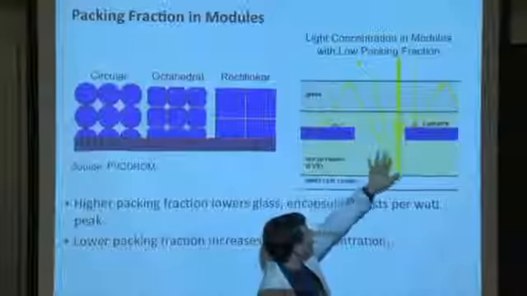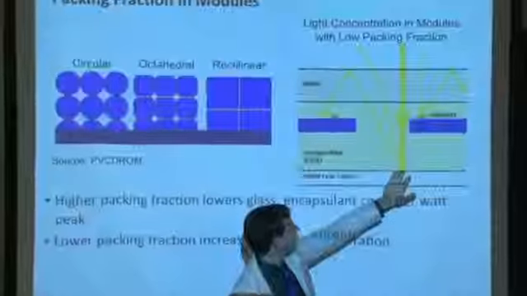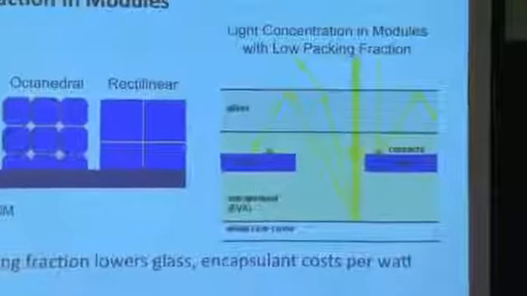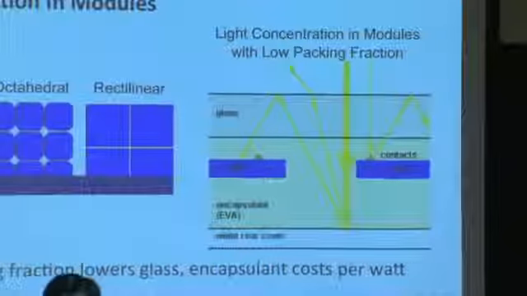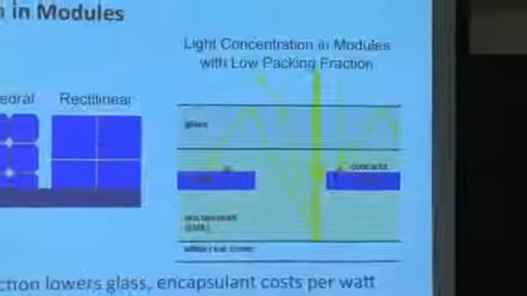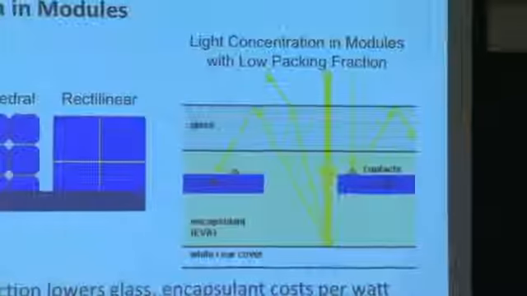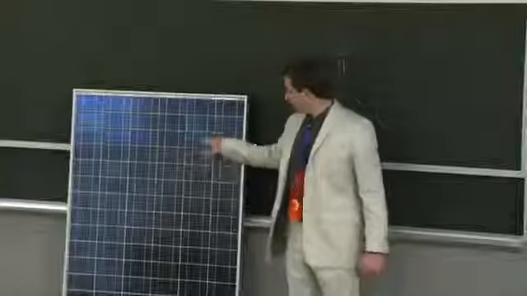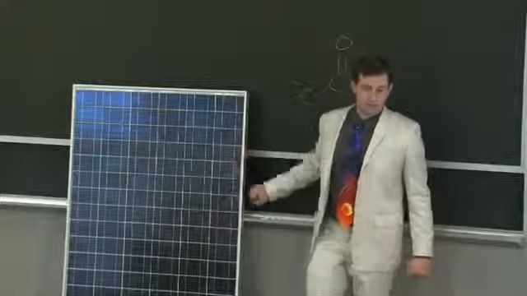For instance, if you have space between your cells, you can have a diffuse Lambertian scatterer in the back, which will reflect the light at a different angle, scattering it, and that light could be trapped by total internal reflection inside of the glass if the angle reaching the glass is, say, 15 degrees or greater. So you can play some games there. That's why the Tedlar backskin being white is typically used in most solar modules, right? So that we reflect and then scatter and then trap the light that comes in between the cells.